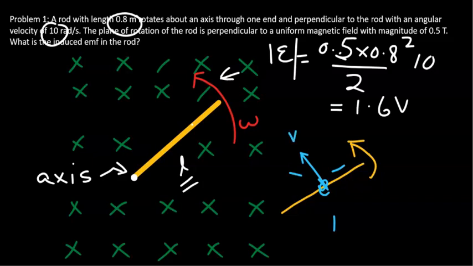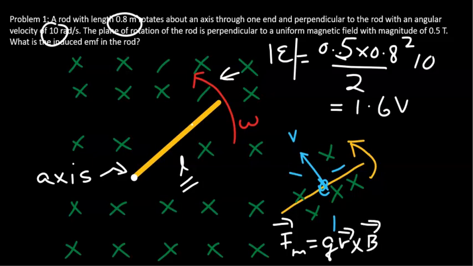So that is the velocity of that electron. And keep in mind that it is moving in a region where there exists a magnetic field in that direction. So what is the magnetic force on this particular electron? We know the magnetic force on a moving charge is given by QV cross B.